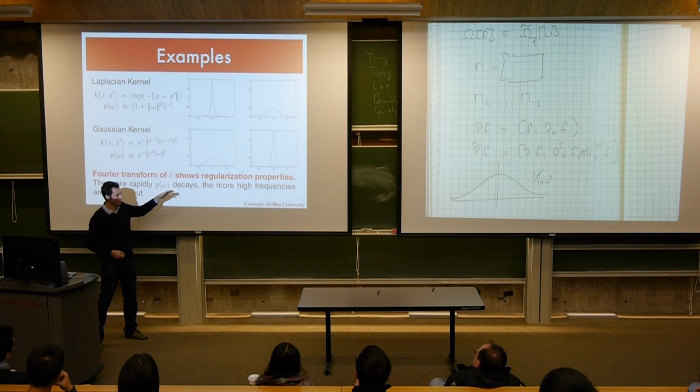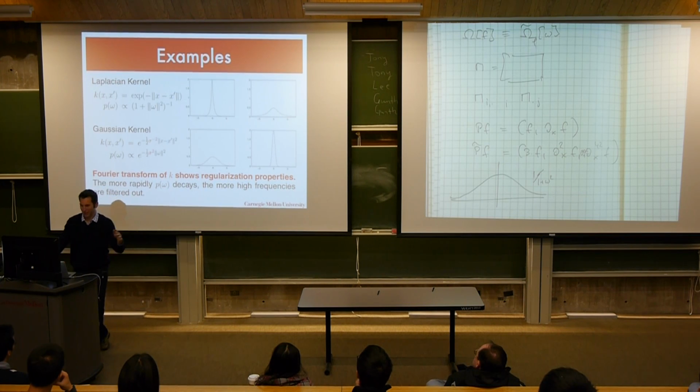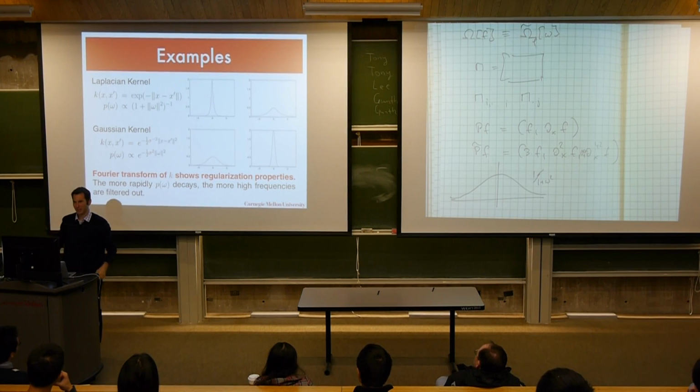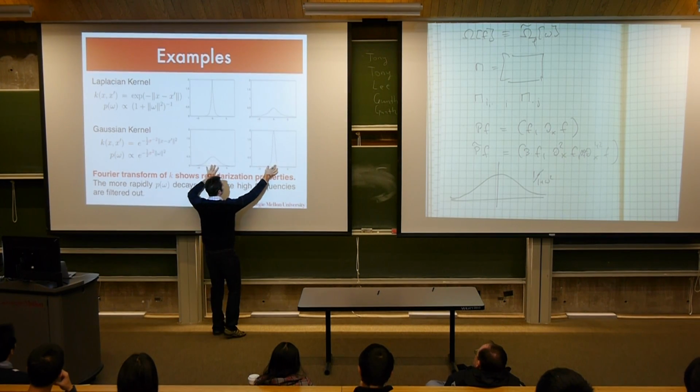This is exactly what happens here. So you can see that by making the kernel narrower, my frequency range gets wider, that has more high frequency components. Whereas if I pick a really wide kernel, which means I have something that has only low frequency components. So that's exactly what's happening here.